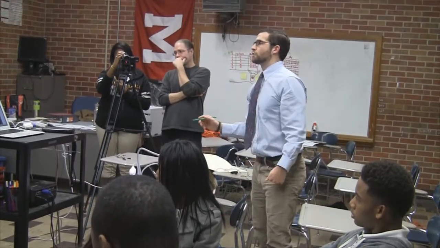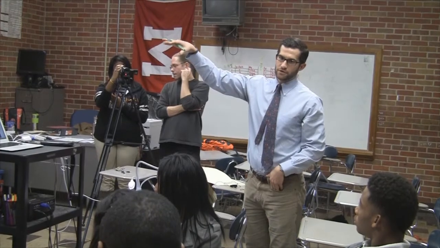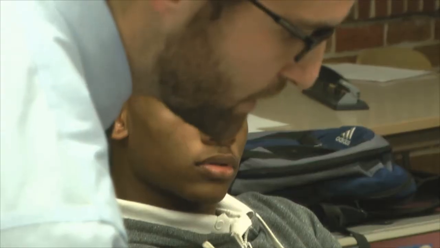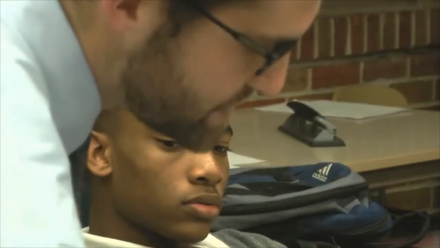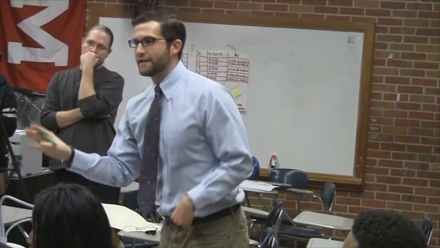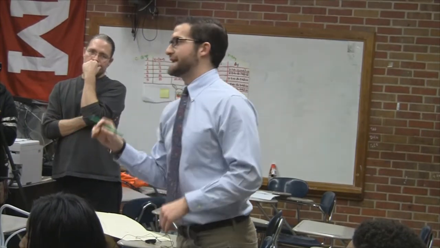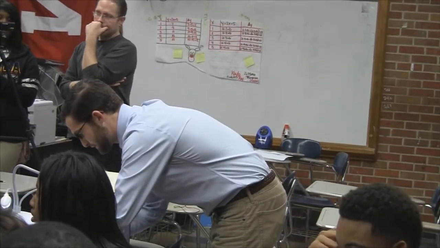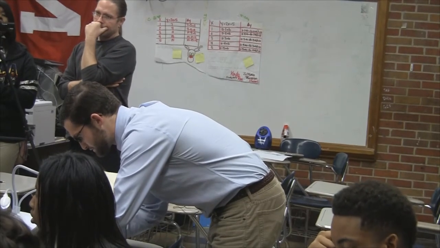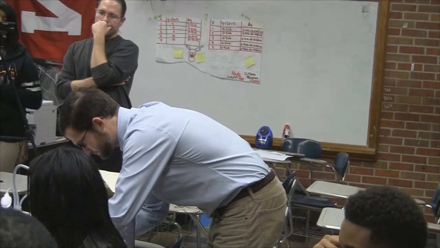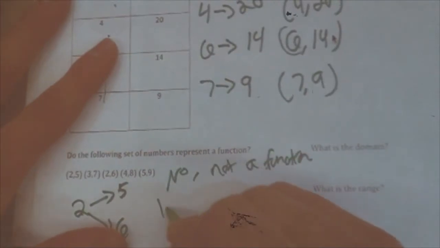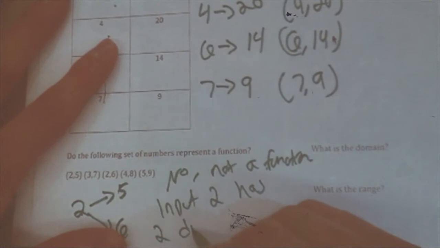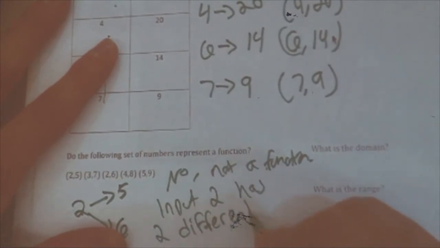This example is more like the bubblegum machine. You put in a quarter, you could get out a lot of different colors. With this, we put in 2, we either could get 5 or 6, which violates our rule of a function, which says that each input has exactly one output. So we could say no, not a function, input 2 has 2 different outputs.